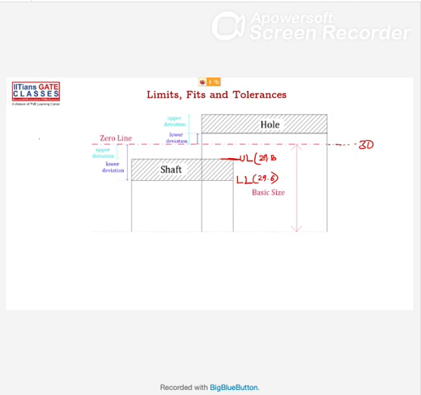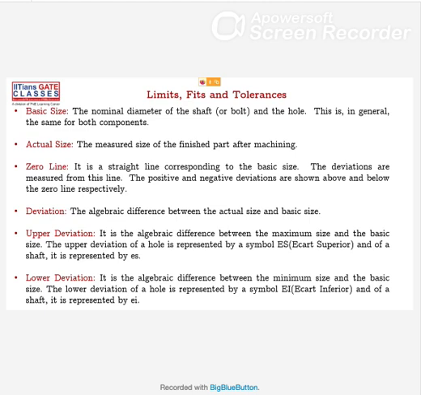The hole can have a lower limit of 30.1 and an upper limit of 30.02.